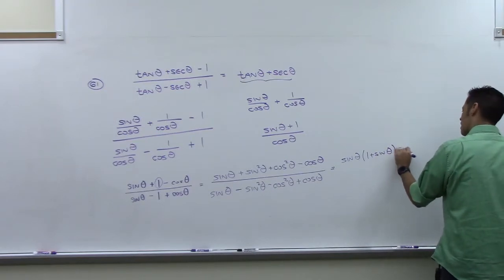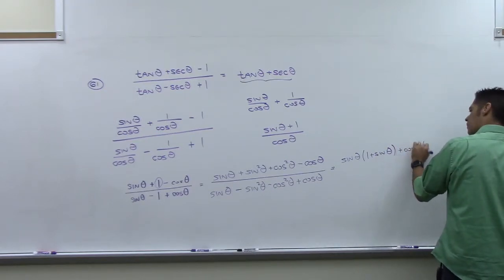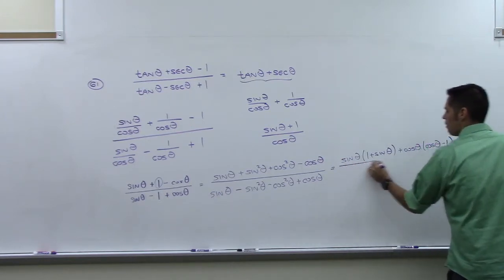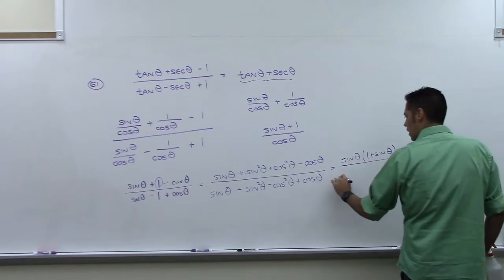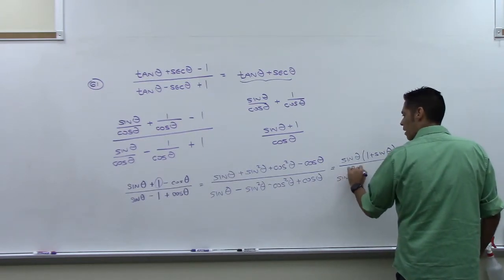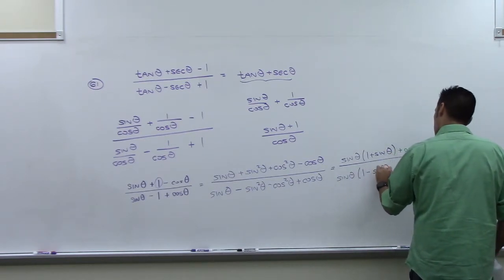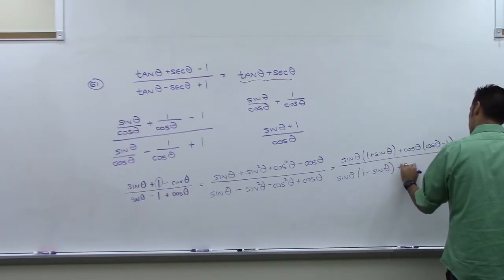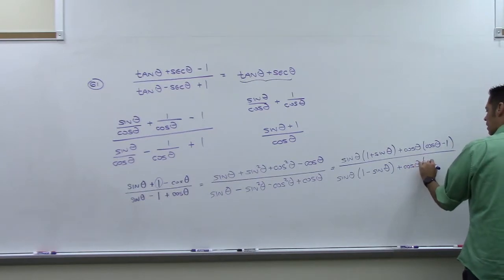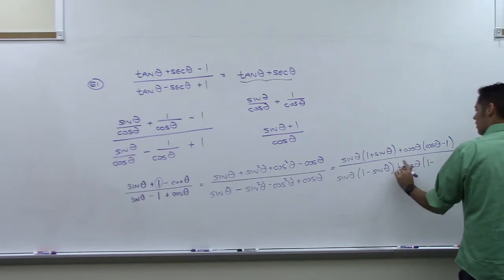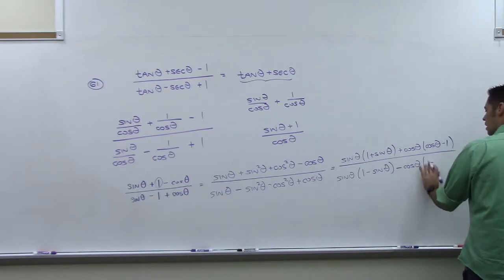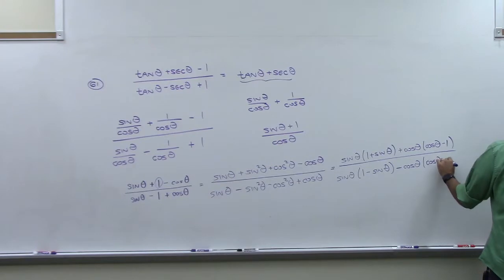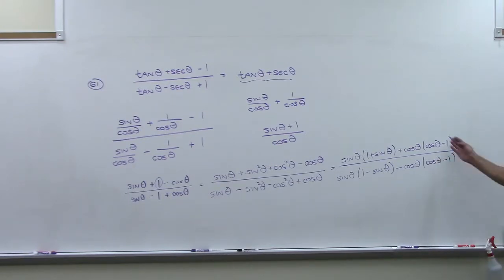And then I could take a cosine theta out of the second 2. And then over, I could pull a sine theta out of the bottom 1 minus sine theta, and then I could pull a cosine out of the next one. I'll pull a positive cosine out, and I'll be left with 1 minus cosine, or let me pull a negative cosine out, and I'll be left with a cosine theta, and then minus 1. But that still doesn't help. I can't cancel these.